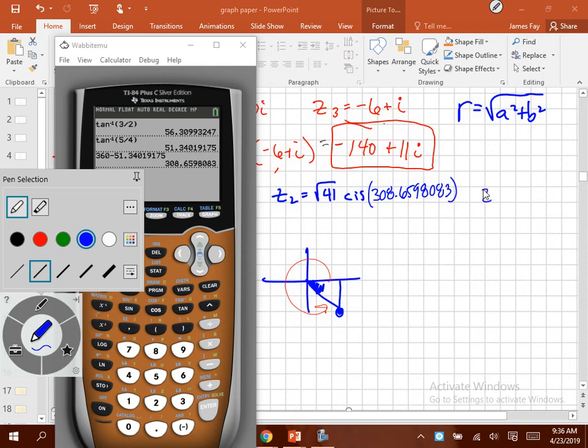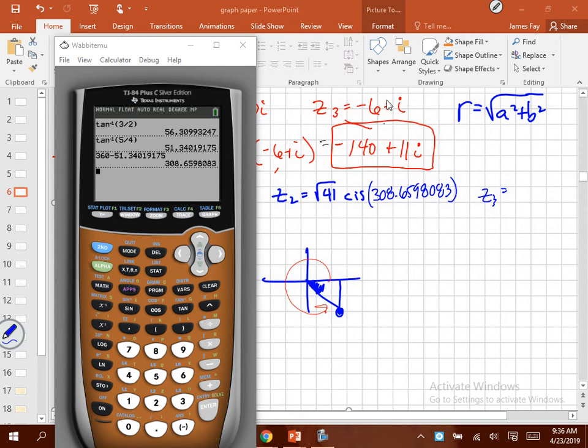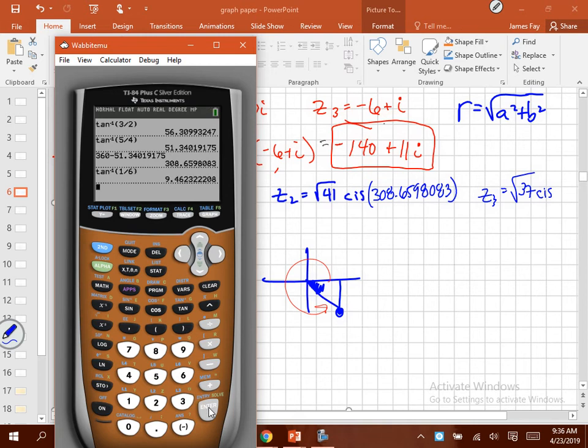Then we do the exact same thing for Z3. So Z3, 1 squared plus 36. So 37 is my R. Cis. Now theta is going to be tangent inverse of B over A. Okay, 9.4 degrees. Now think about this.